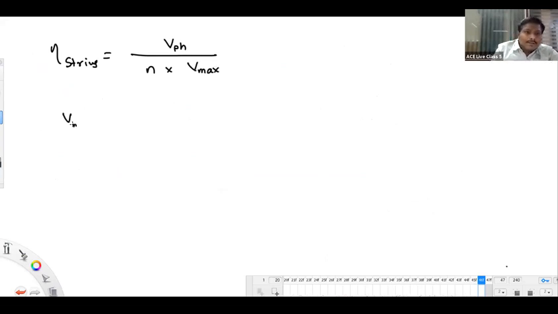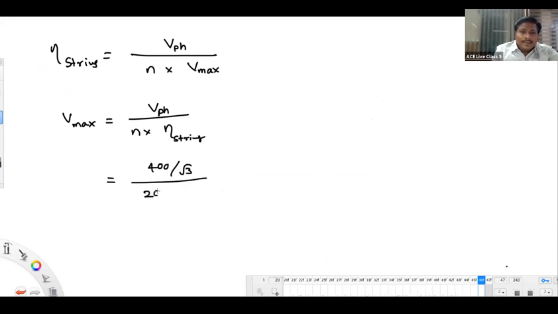So now you can write Vmax equals phase voltage by N into string efficiency. Let's write these terms quickly. V phase is 400 kV by root 3, number of discs is 20, string efficiency is 0.8. It will be in kilovolts. 400 kV by root 3 by 20 into 0.8.